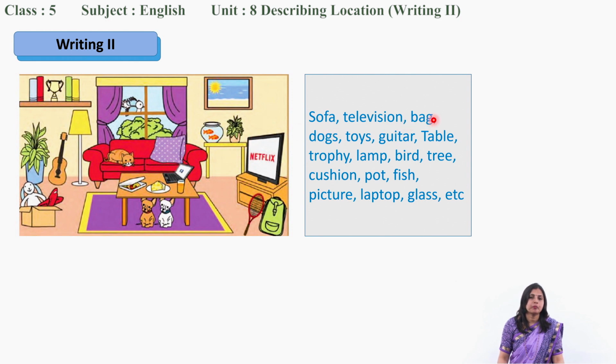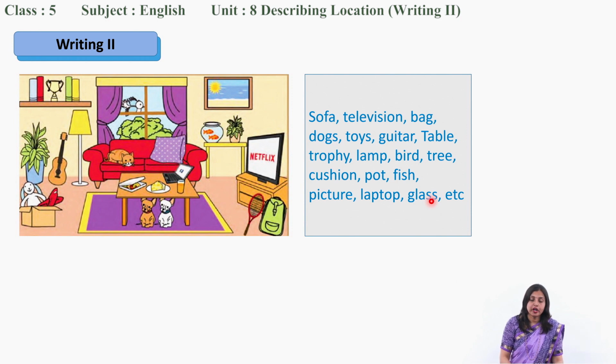Sofa, television, bag, dogs, toys, guitar, table, trophy, lamp, bird. Bird, can you see the bird over here? Yes, through the window we can see. It's not in the room, but outside the room. Okay, and there is a tree also. Then after there is cushion. Where is cushion? Here it is, purple colored. Yes, and then after there is pot. Okay, laptop is there, glass is there.